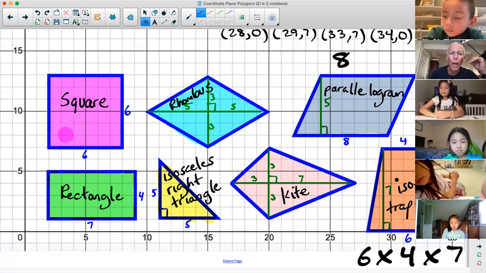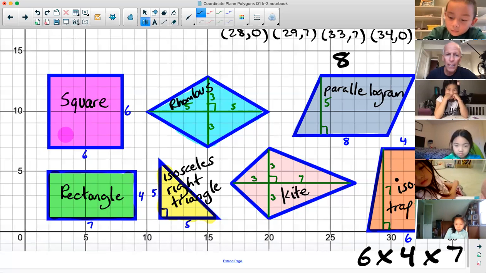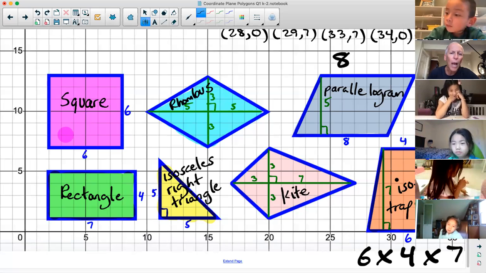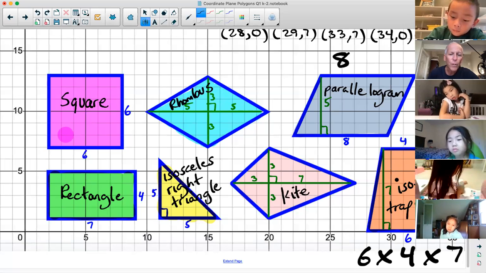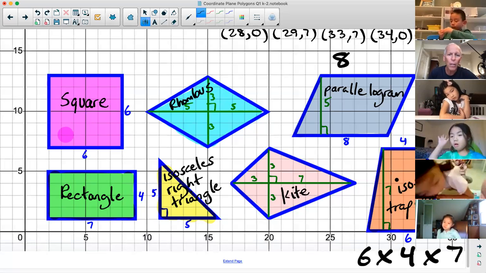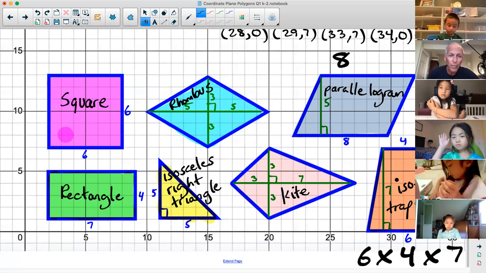isosceles trapezoid. Now, everybody, can you see any parallel lines in the trapezoid? Who can see parallel lines? If you can, I would love it if you told me where they were. Valerie, tell us what you see.